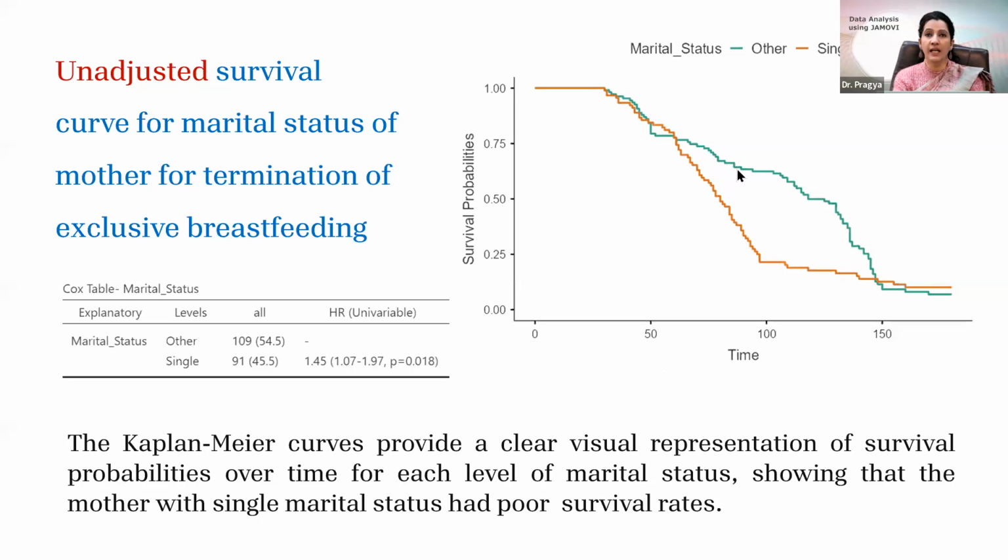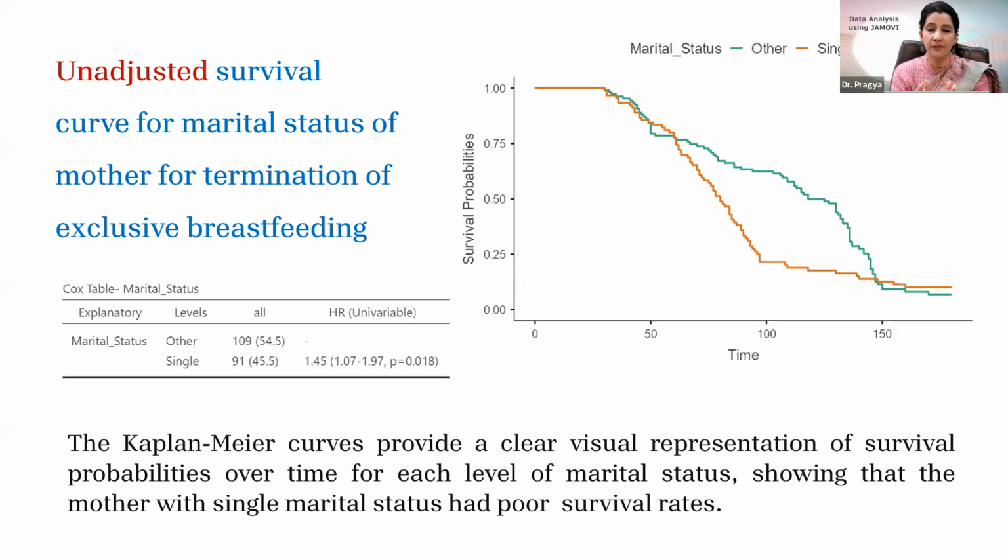The green line is for others and the orange line is for the single. The survival probability is more with the green line, which are not single mothers. For the mothers who were single, the survival probability is less, meaning the curve is dropping faster as compared to the other group.